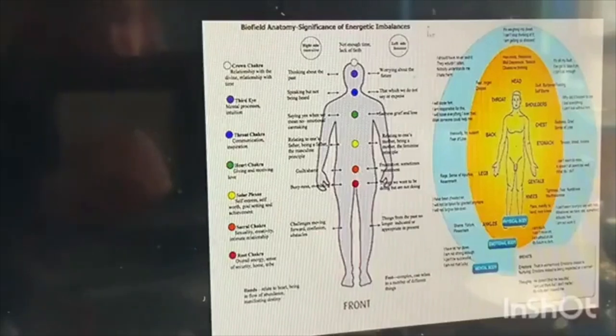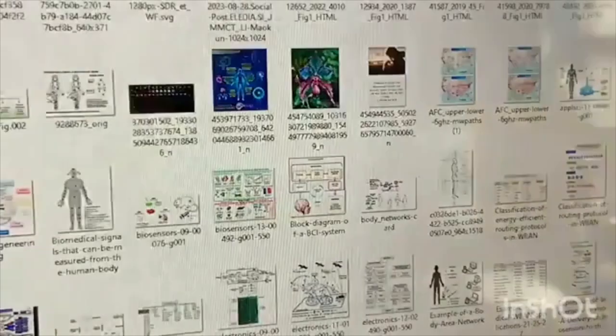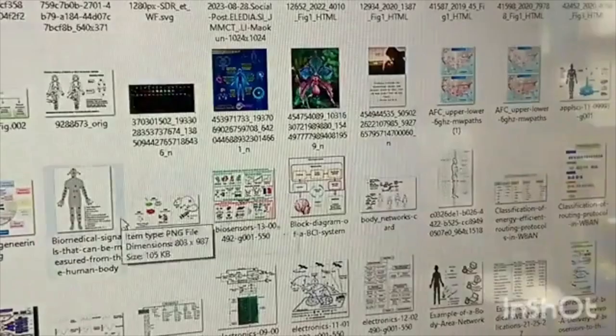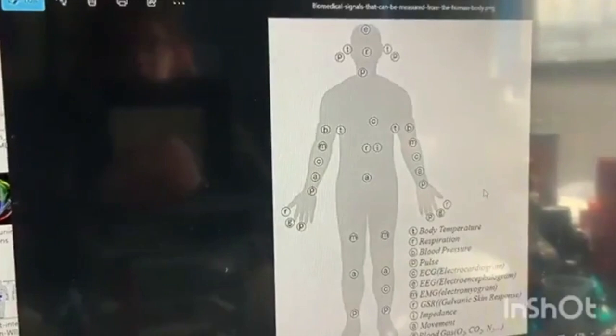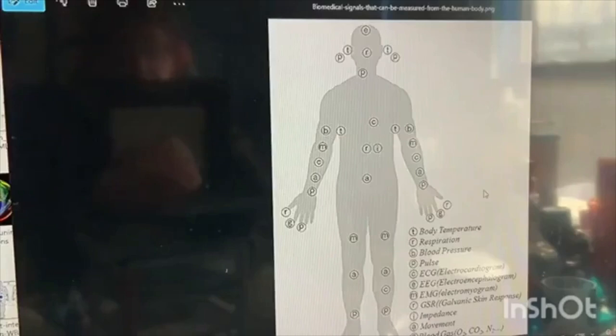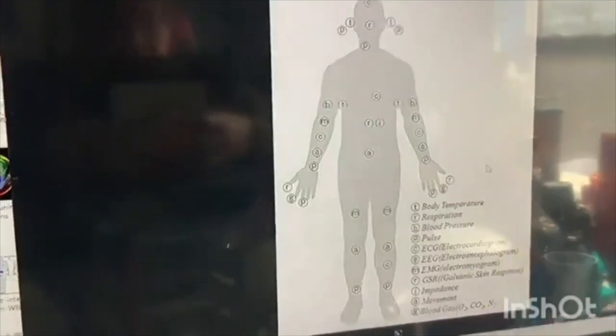So what they did, because nobody talks about this for almost 100 years with any authenticity or reality, they left it woo-woo and they went to work, connecting you to the cloud. Biomedical engineers target with electrical, see it says biomedical signals that can be measured from the human body. It's from one of our many white papers.